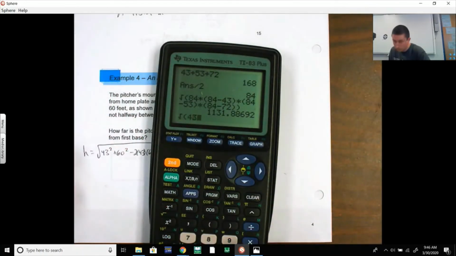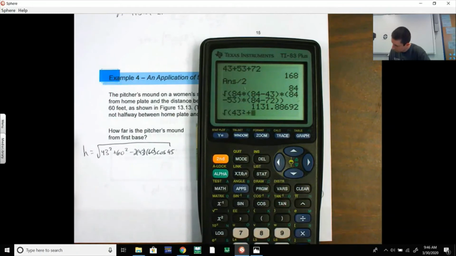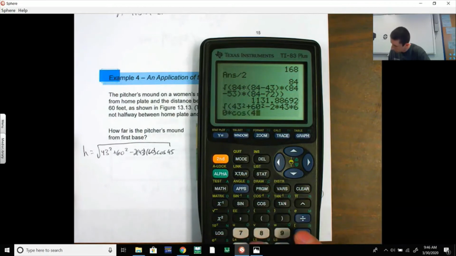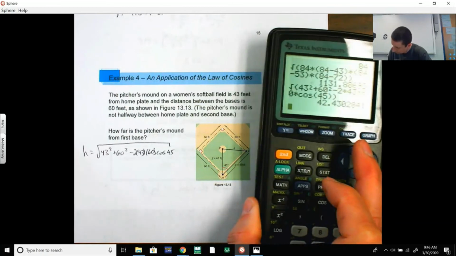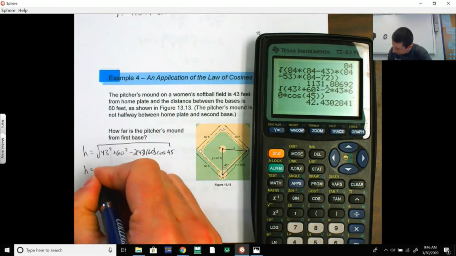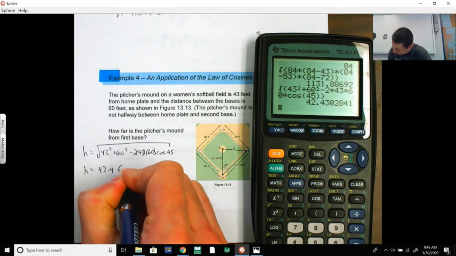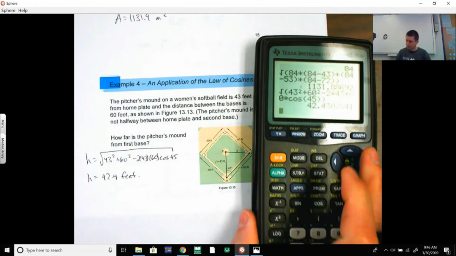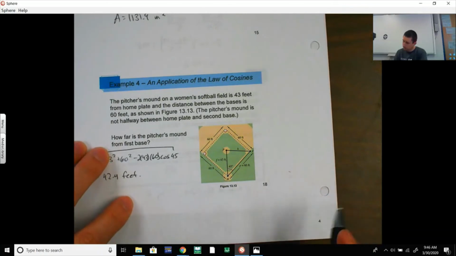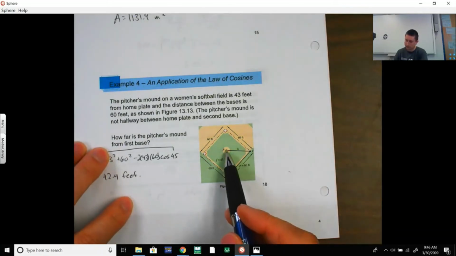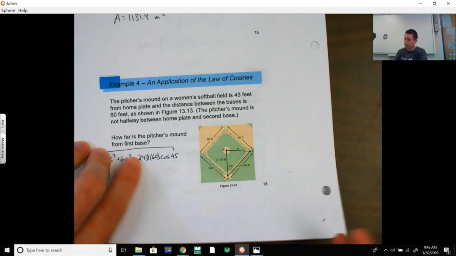Okay, 42.4. Pretty close. Not perfect. I guess that's not right in the center necessarily. Don't know if the pitcher's mound is right there in the center.